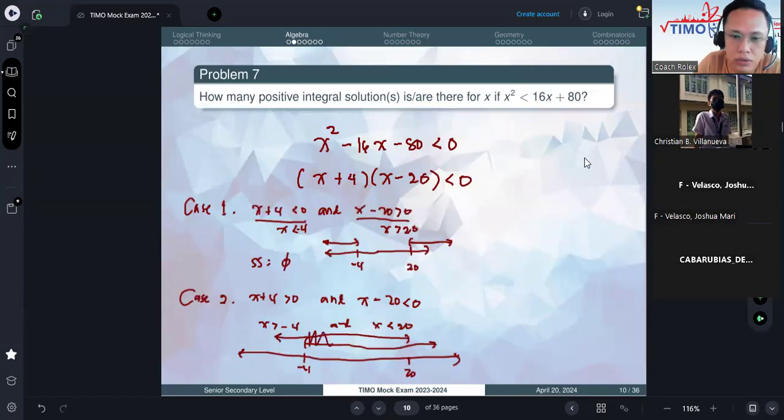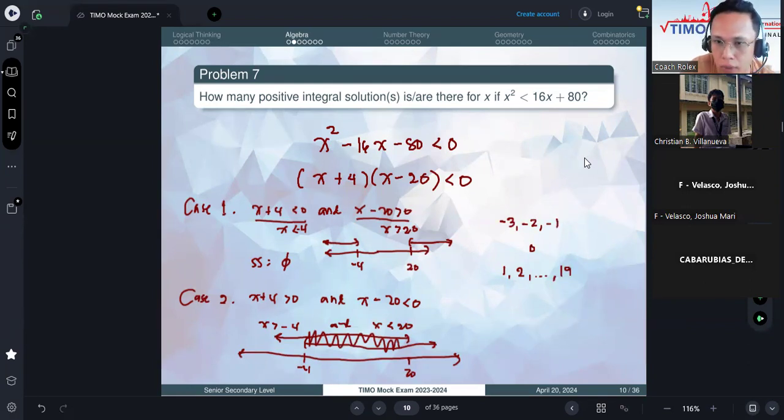So this is the solution set. That means you will have integer solutions from negative 3, negative 2, negative 1, 0, and 1, 2, up to 19. We exclude negative 4 and 20 because this is a strict inequality.